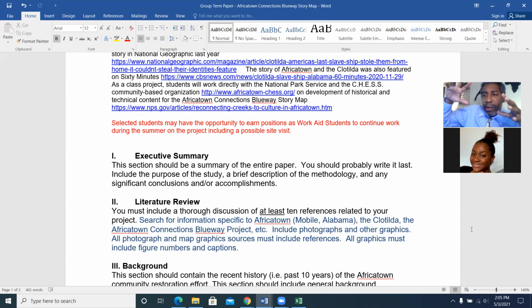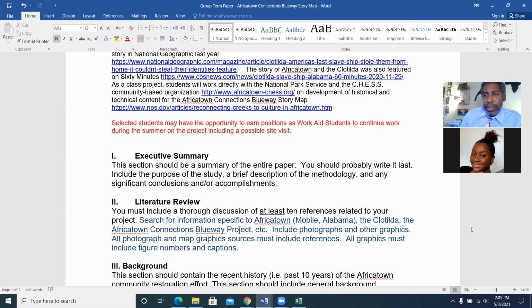When we start talking about urban areas and economic development, jobs, housing, all that comes into play here. So what if we were able to take this historical site and turn it into a sustainable heritage tourism site that would bring millions of dollars to this community in Mobile?